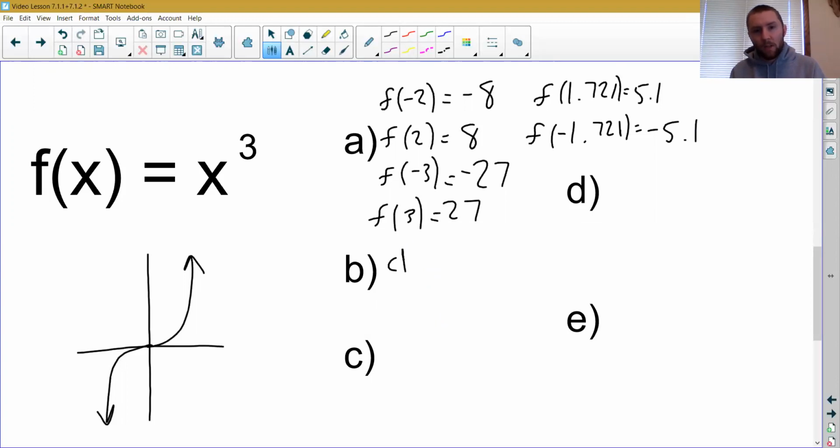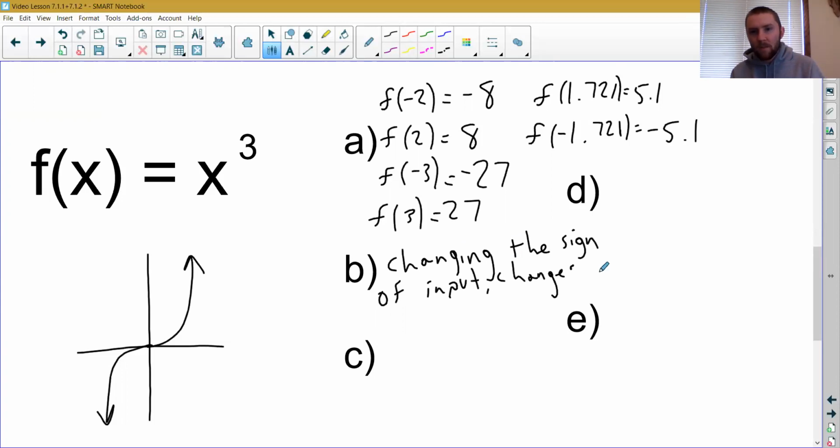We'll say changing the sign of the input changes the sign of the output, right? Changing the input from positive to negative or from negative to positive is going to flip the sign on the output value that you get.